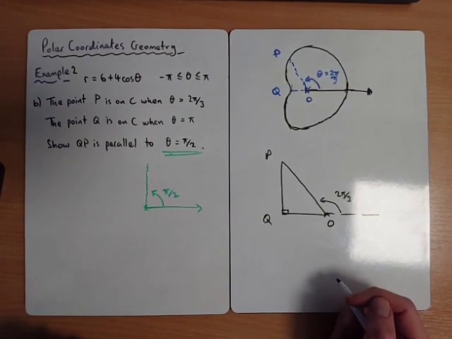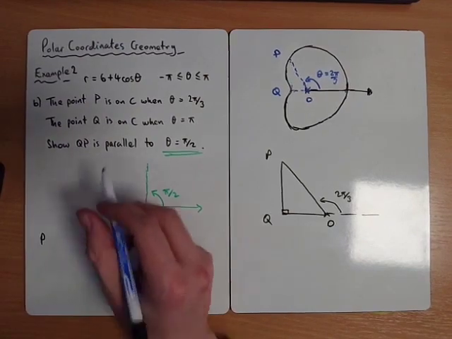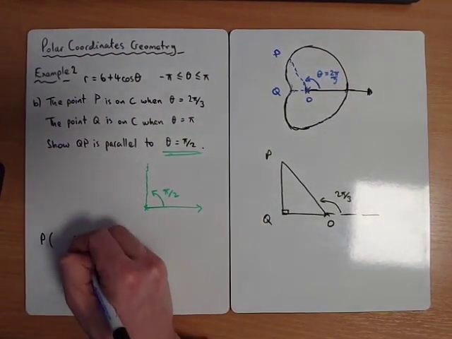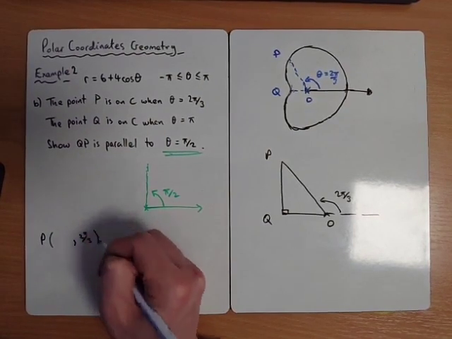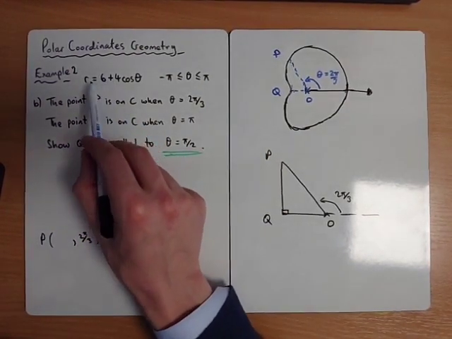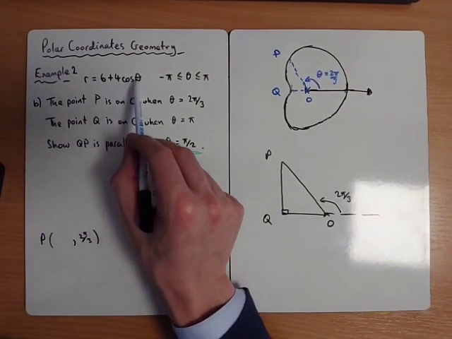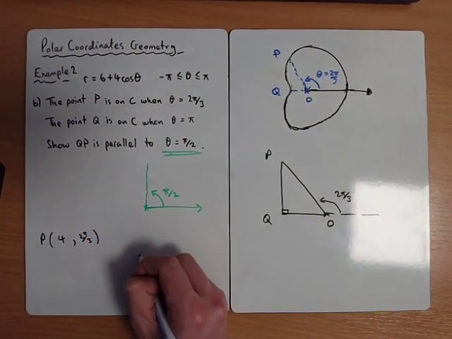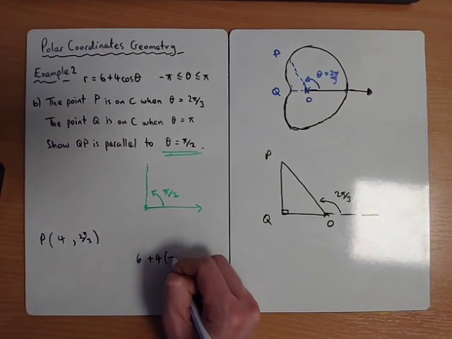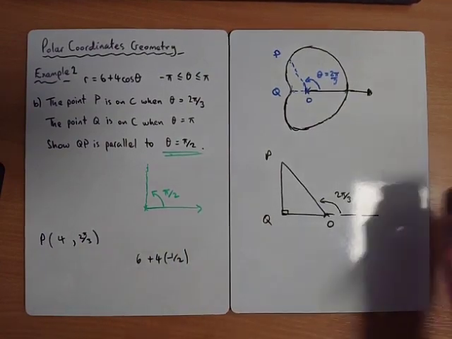maybe in Cartesian form. So for P, when theta equals 2 pi over 3, if we sub it in, we can figure out the r value. So r would equal 6 plus 4 lots of cos of 2 pi over 3. Because you'd be doing 6 plus 4 lots of minus a half. That gives us minus 2, so 6 minus 2 would give us 4.